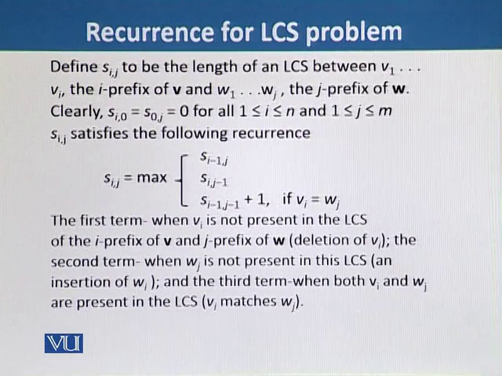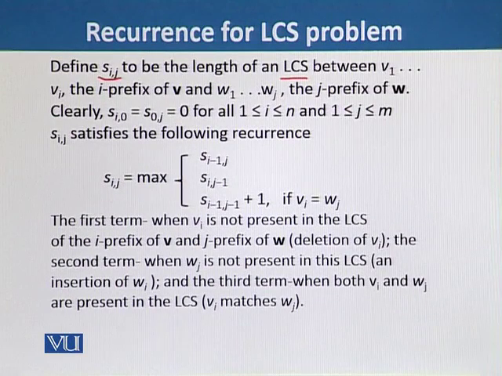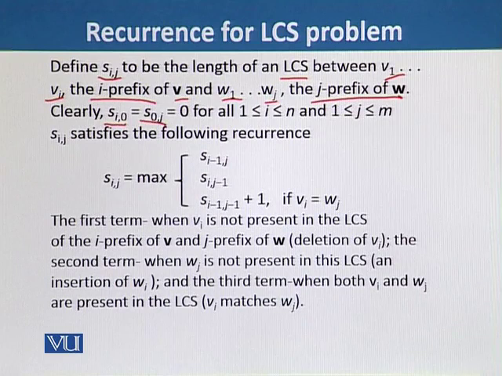If we define Sij, any vertex in the graph, to be the length of the longest common subsequence between V1 up to Vi, the i-prefix of V, and W1 to Wj, the j-prefix of W, then Si0 and S0j are equal to 0.